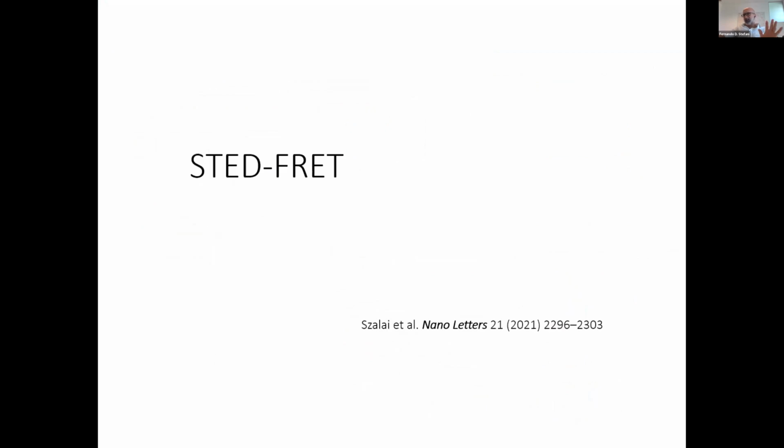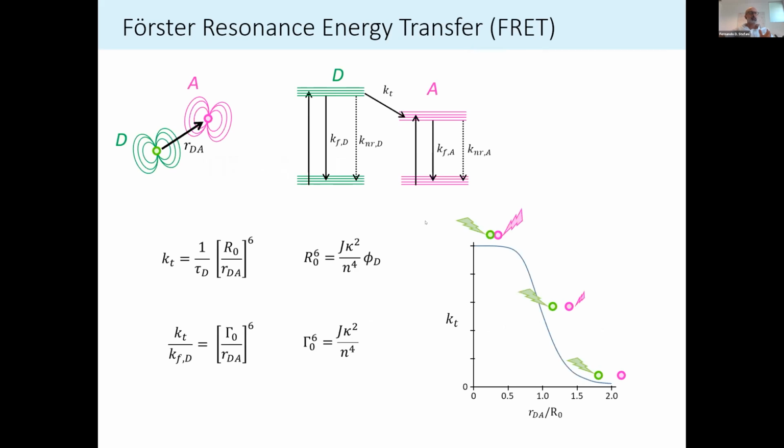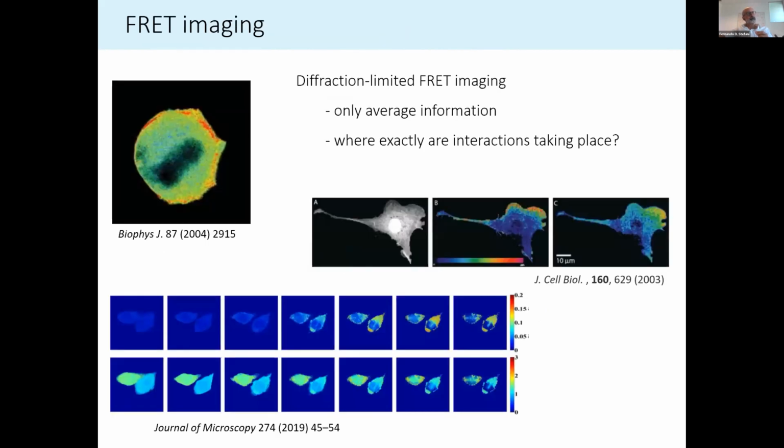Well, and finally, and I have only 5 minutes or less to tell you this, is another new technique called STED-FRET. And as the name says, it's a combination of FRET and STED. And probably I don't need to spend time explaining FRET to you. It's Förster resonance energy transfer. It's a widely used phenomenon to study molecular interactions and molecular environments using fluorescence signals.